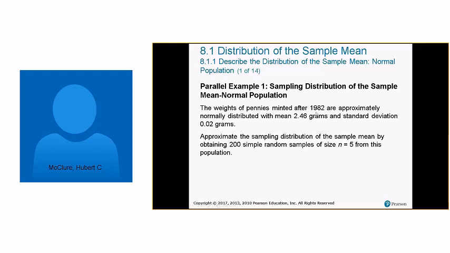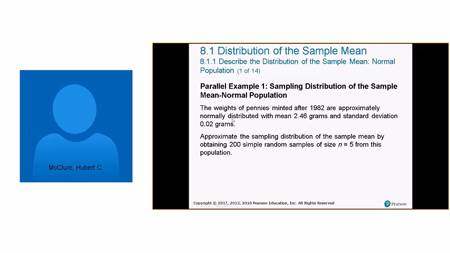The weights of pennies minted after 1982, you can write this question down, are approximately normally distributed with a mean of 2.46 and a standard deviation of 0.02. Approximate the sampling distribution of the sample mean by obtaining 200 random samples of size n equal to 5 from its population. Now, they're saying the weights of pennies minted, okay, they've got a population.